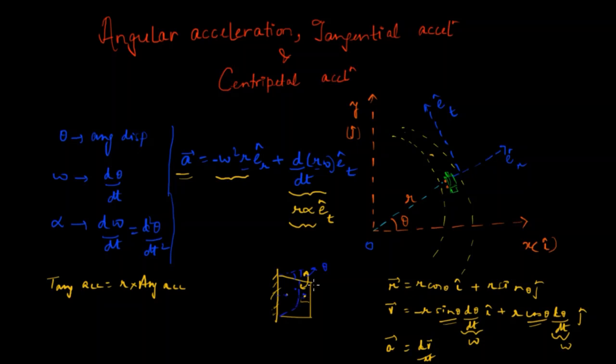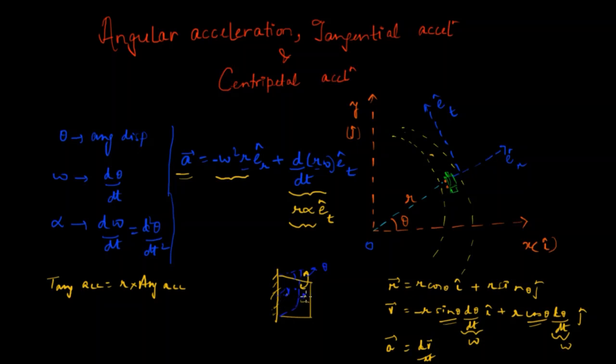Because in the same time t, each of these points covers the same angular displacement, right, from here to here. But the actual distance covered by this point will be r times theta, where r is the distance of this point from the center, whereas the actual distance covered by this point will be r large times theta.